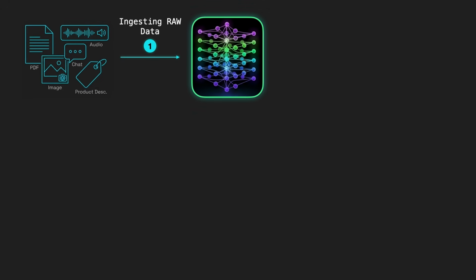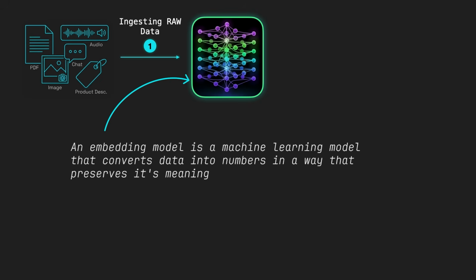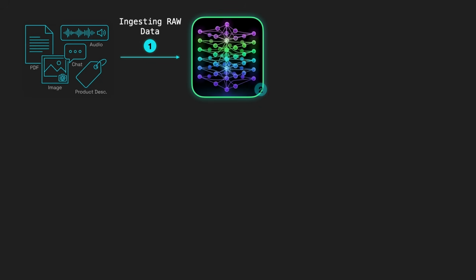Now, what is an embedding model? An embedding model is a machine learning model that converts data into numbers in a way that preserves its meaning. So here the embedding model's job is simple. It converts raw data into a long list of floating point numbers. Now, what are these floating point numbers?